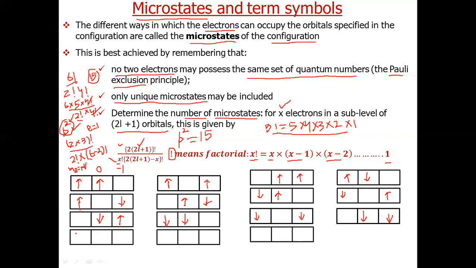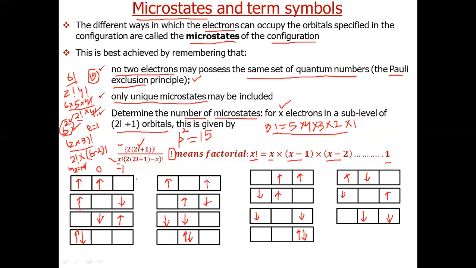Next possibility is, these 2 electrons may be paired. Now we have to keep in mind they should be with opposite spin. Why? Because we have to follow the Pauli's exclusion principle. Next arrangement is these 2 electrons with this orbital. Next is these 2 electrons with opposite spin in this orbital.